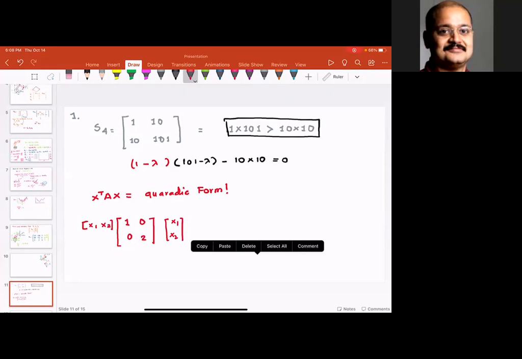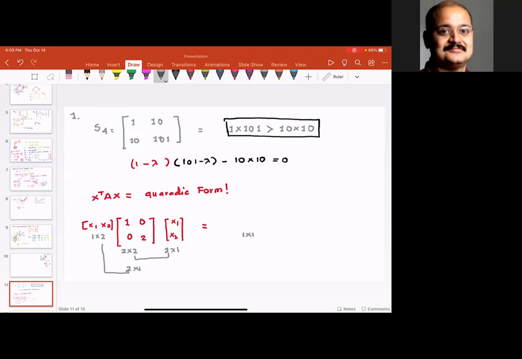Then I multiply from the left, and I need to write this down very clearly: one row, two columns, two rows, two columns, then two rows, one column. So this gives me two rows, one column, and finally my answer is one row, one column.